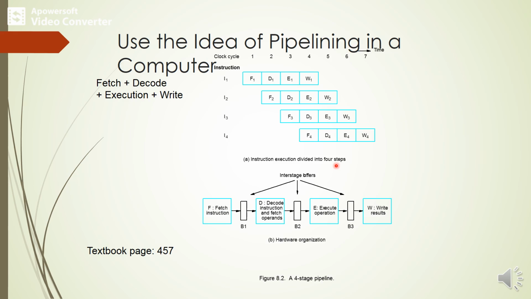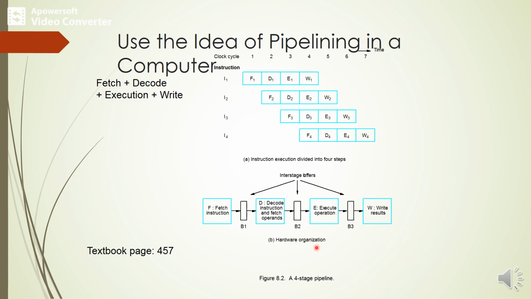4 instructions are in process at any given time. This means that 4 distinct hardware units are needed, as considered in diagram B. These units must be capable of performing their tasks simultaneously and without interfering with one another.